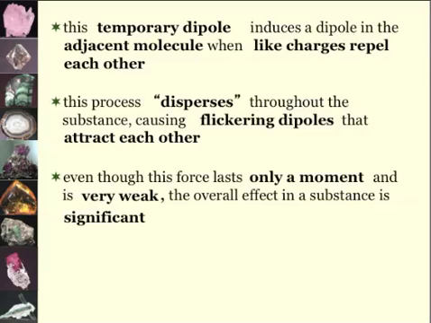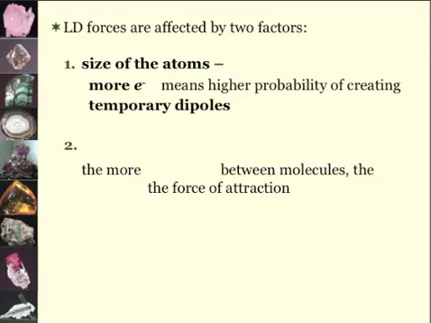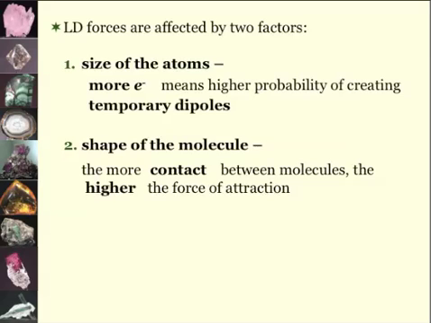Okay? London dispersion forces are affected by 2 factors. One is the size of the atoms. More electrons means a higher probability of creating temporary dipoles. Also, the shape of the molecule. The more contact between molecules, the higher the force of attraction.